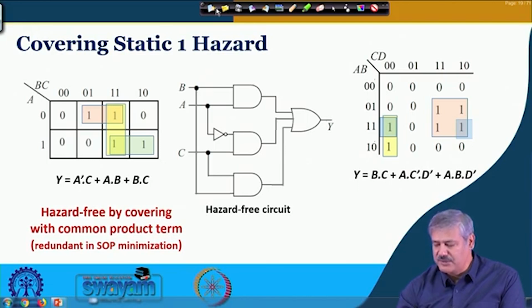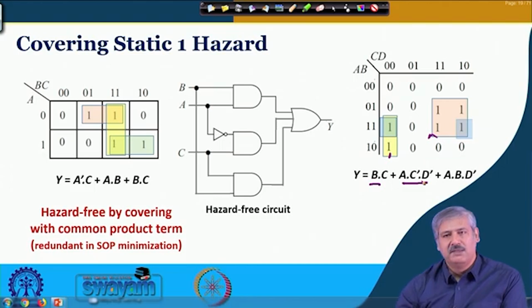These were the two terms. This was one term, and this is another term, BC and A C prime D prime, right? And this is the so-called redundant term, right? But this generates a product term which is common across logically adjacent ones, which otherwise would not be connected.